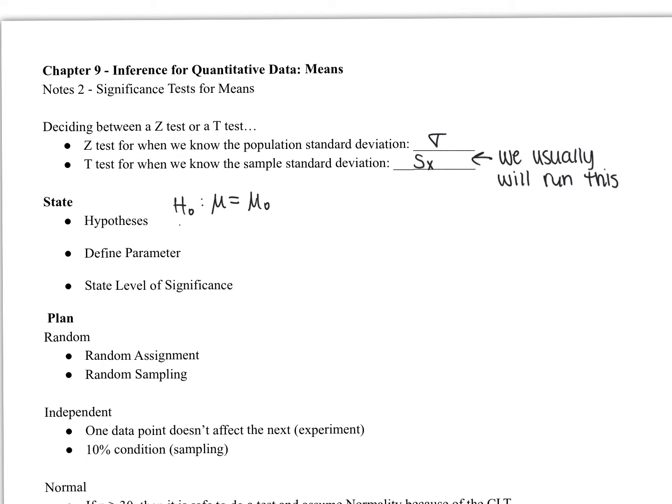The alternative is when you have either greater than, less than, or does not equal your claimed mean. Then we are looking at our parameter, whatever our mean equals, and our level of significance is our alpha.